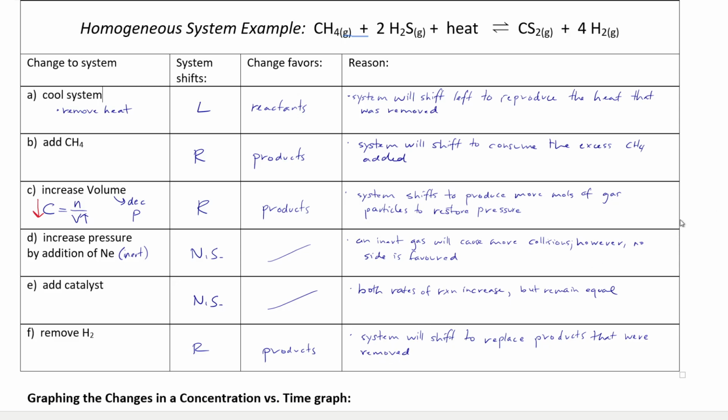Okay, so hopefully you get the sense of how the system will shift in response to the change or stress imposed on the system. And this is Le Chatelier's principle.